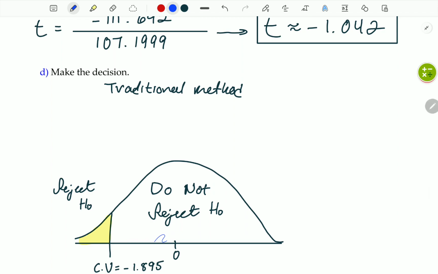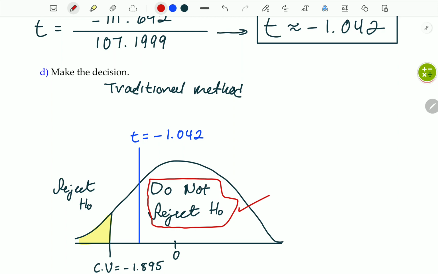And that is going to fall on the left side, but it's not going to fall within the critical region. It will fall somewhere right here. And because it falls outside of the critical region, you do not reject the null hypothesis. That is the decision that we are making.